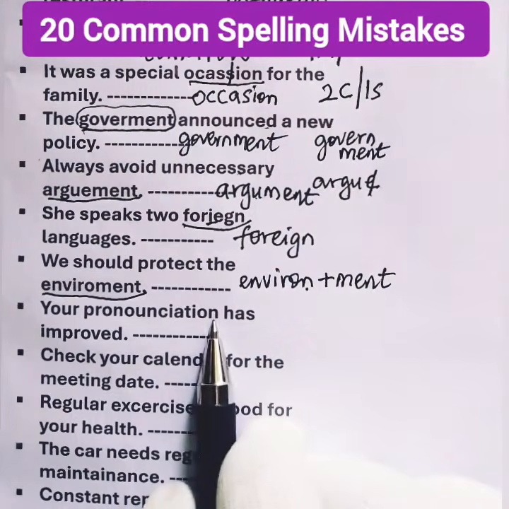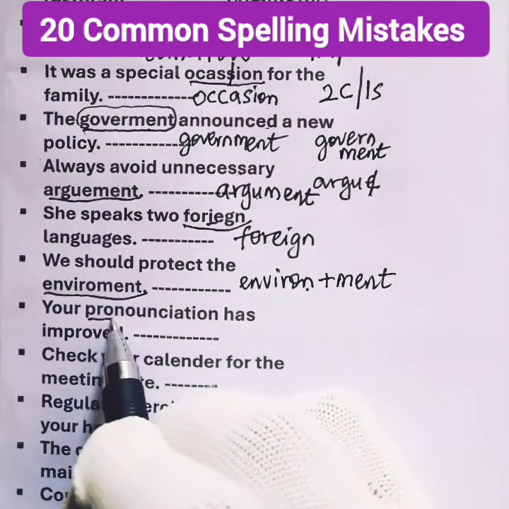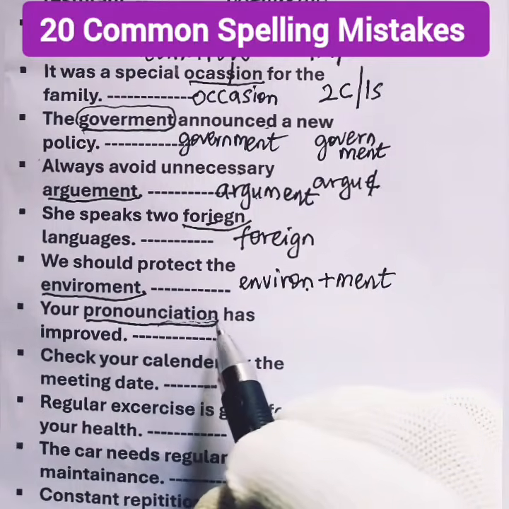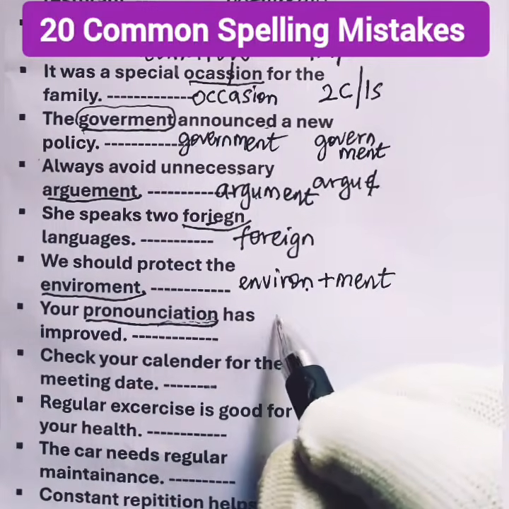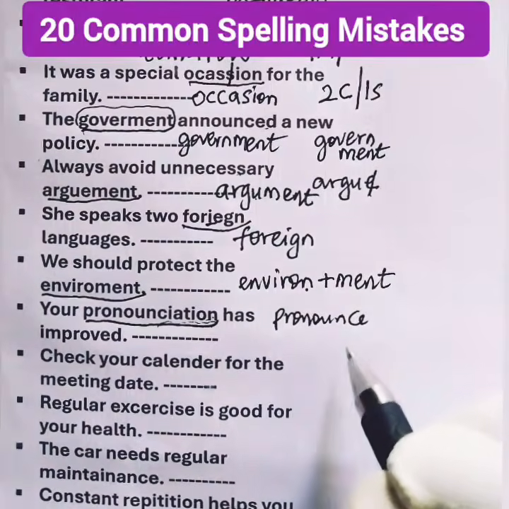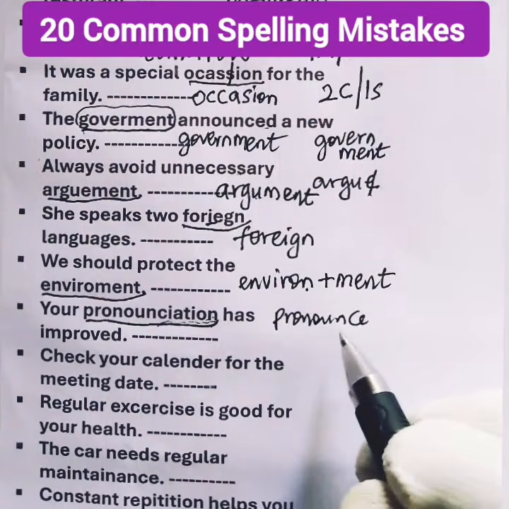Next, your pronunciation has improved. This word has something that is not supposed to be there. When it is the verb, we have pronounce. But when changing it to a noun, O shouldn't be there.